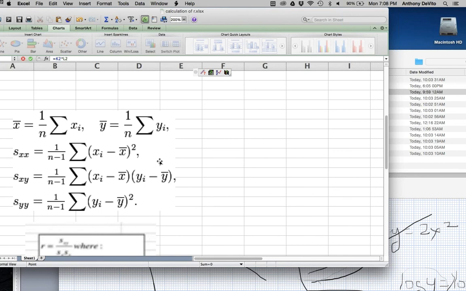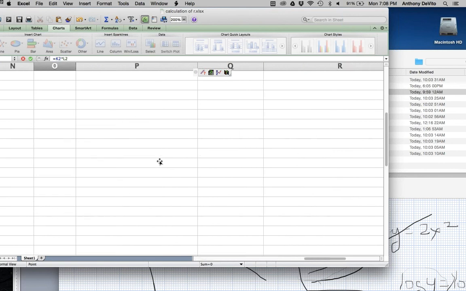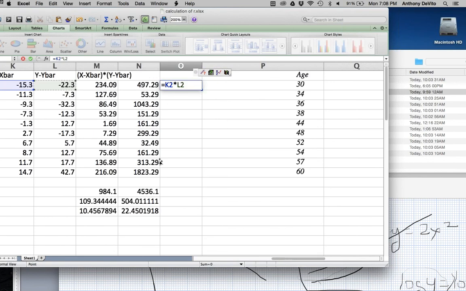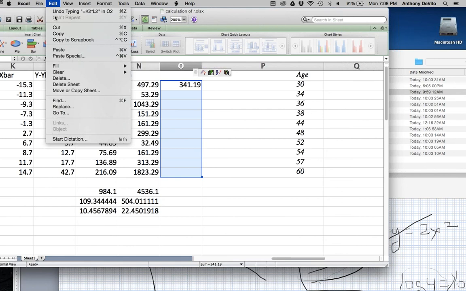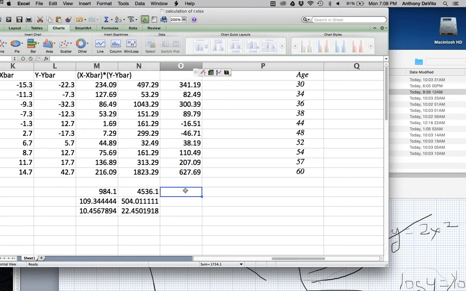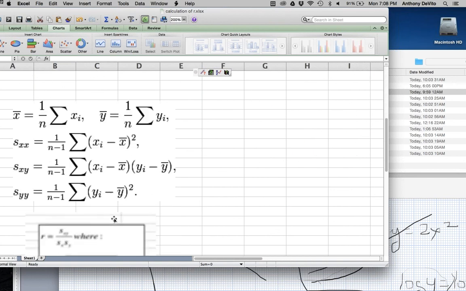Right? Divided by, I'm going to take that as if it's my square. I'm going to fill down, and I take the sum of all of those. See the formula over there? I'm taking the sum of all of those values.